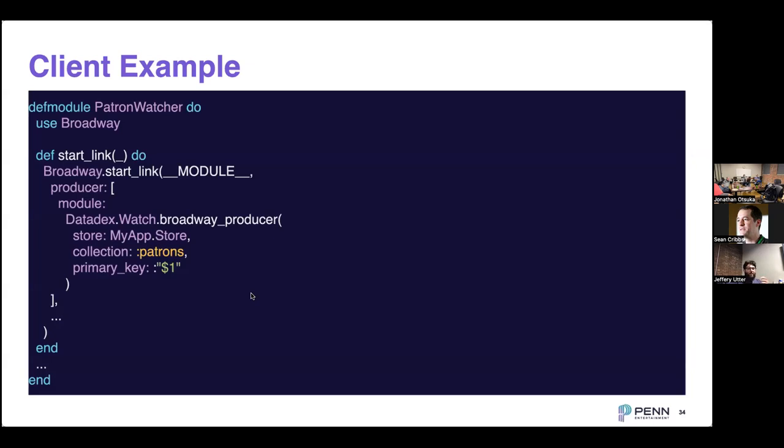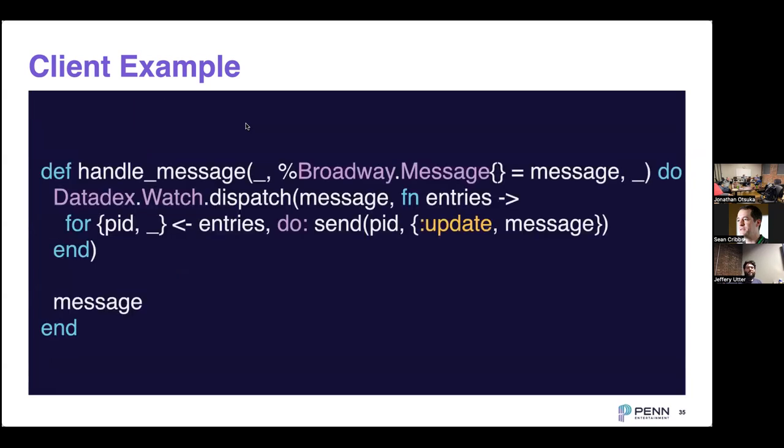In our Elixir client, you set up something like this. I think you have to use Broadway, but you set up a Broadway watcher and give it a module to do things with. And then in your handle message, you'll get messages back from the watcher in your Broadway producer.